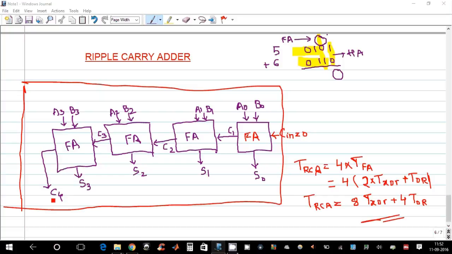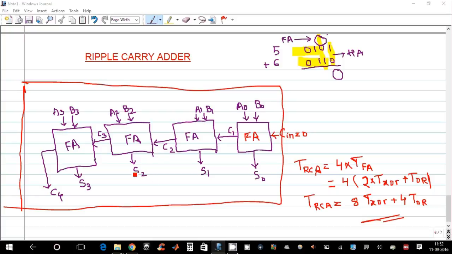Similarly, we need not wait for the delay of this full adder, this full adder, this full adder, and this full adder for generation of C4. So the concept of calculating the carry before the sum addition is performed is the basic idea for the carry look ahead adder.